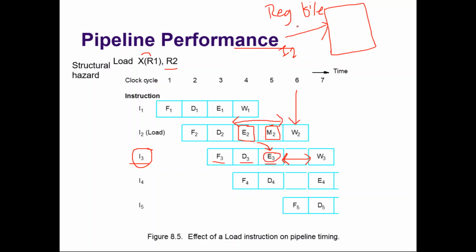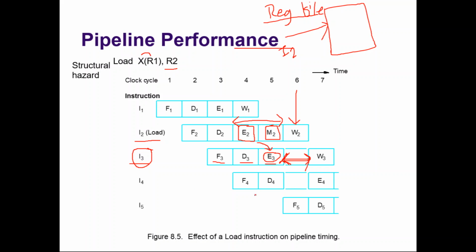What is not available is the hardware resource called the register file, as it is being used by another instruction. So here a hazard or a stall is created because of the non-availability of the register file, which is a hardware resource. So this type of hazard is called a structural hazard.